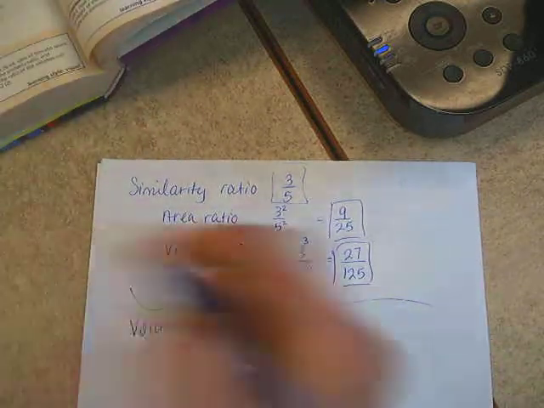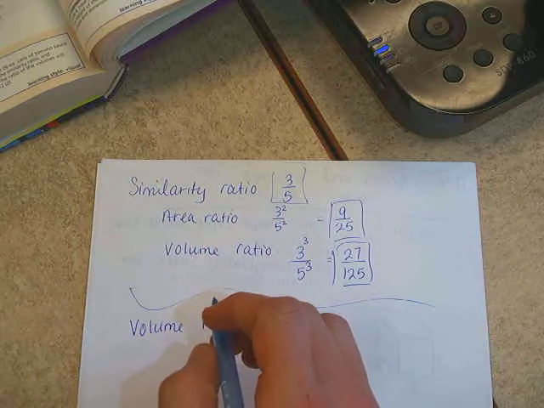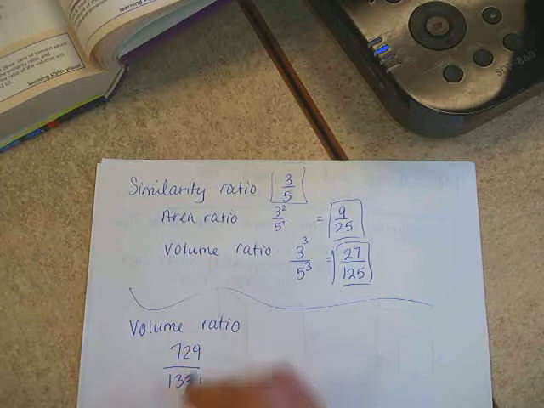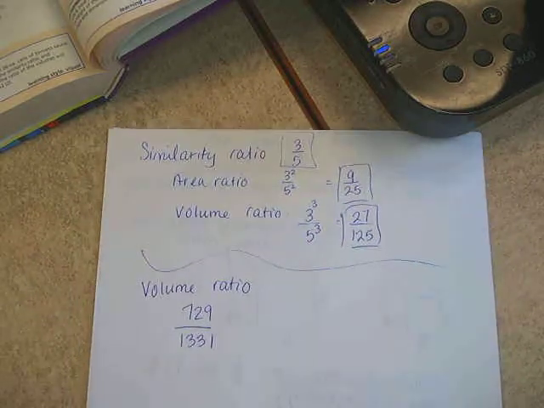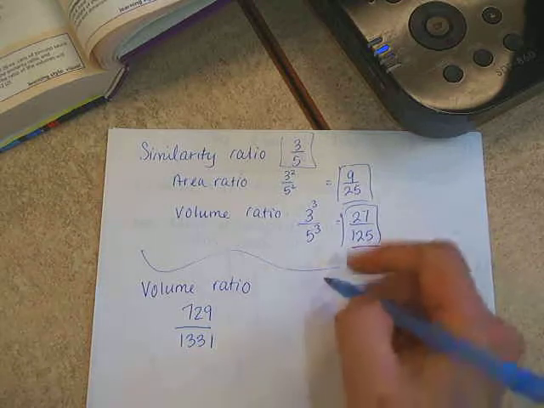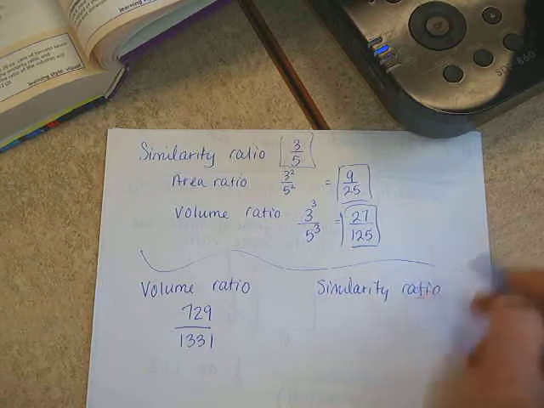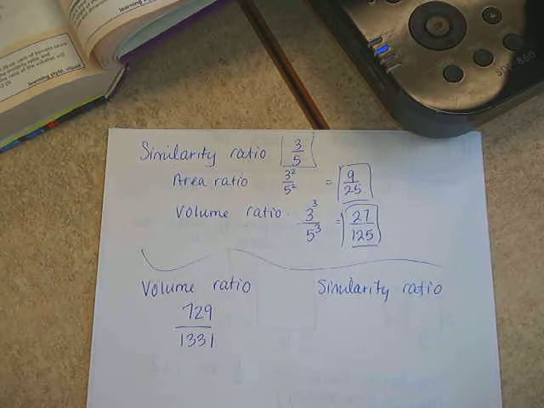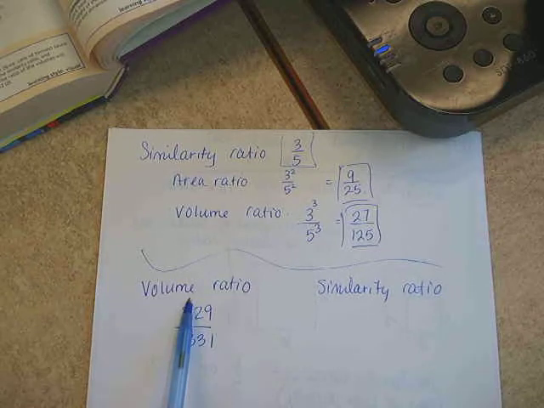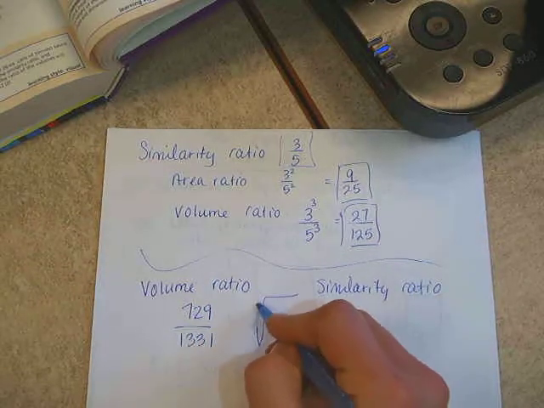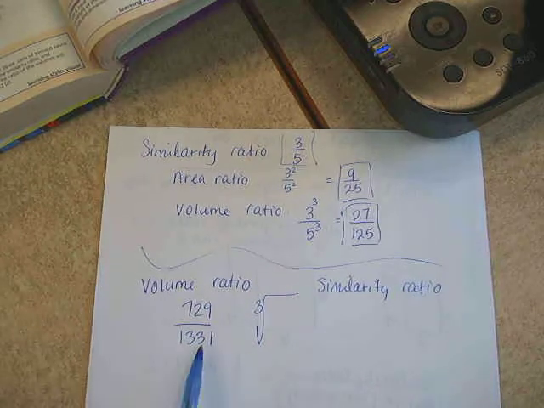Now, that would be one of the easier things to do. Now, if I gave you a volume ratio of, let's see, 729 over 1331, and I want to go to a similarity ratio, okay, in my little lineup, that would be going back to a simpler version, so you're going to use a root.